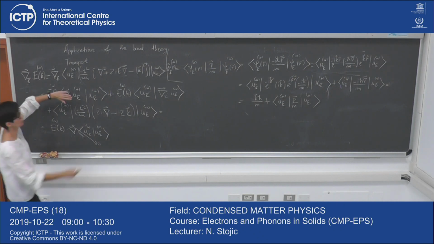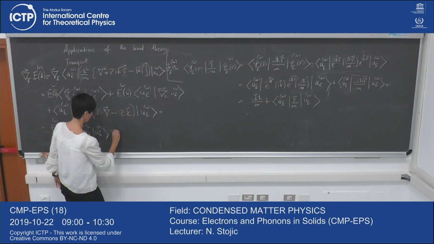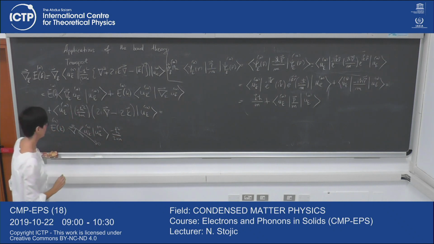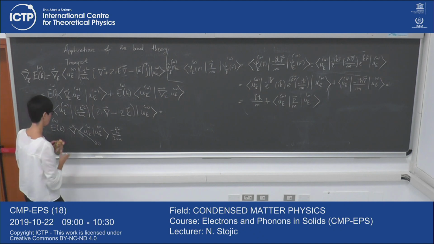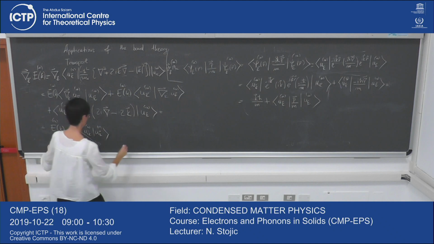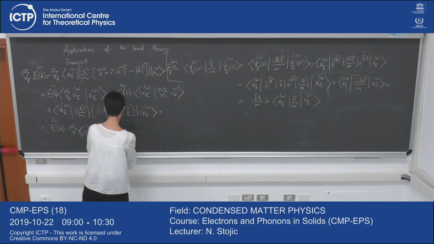So these two terms are gone together, and I'm left with this part. Minus h squared over 2m. No, actually, let me not write it out. But let me put plus. A bit more space so that I can write the constant.